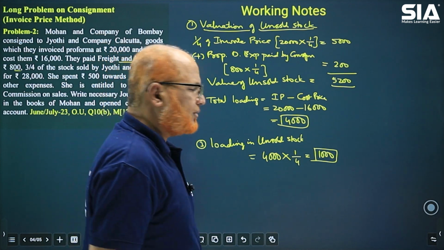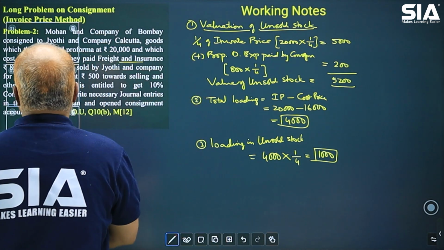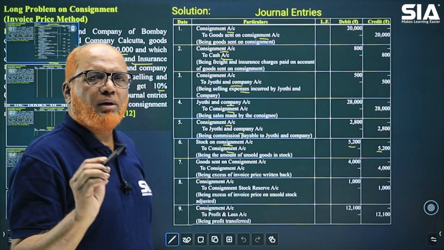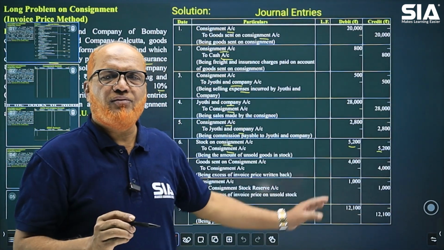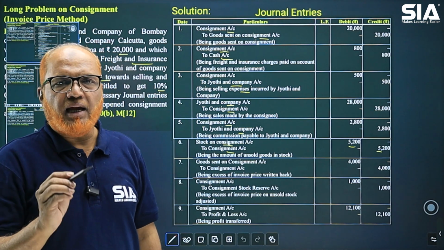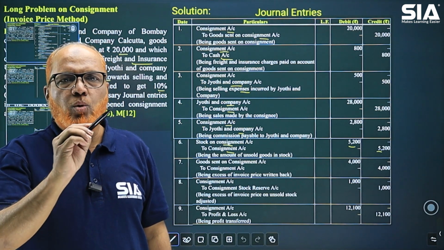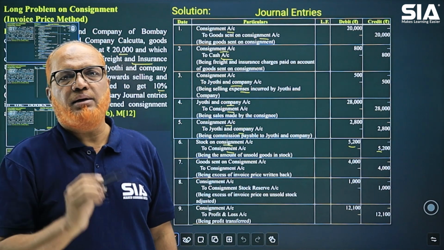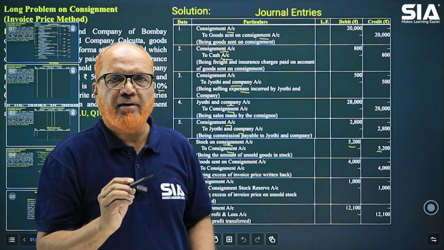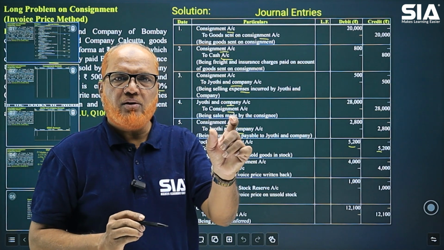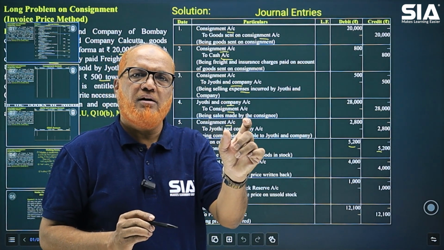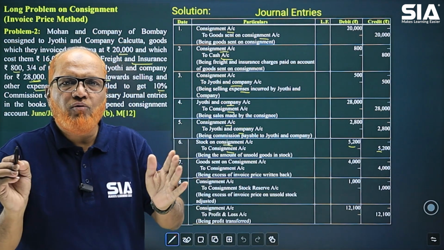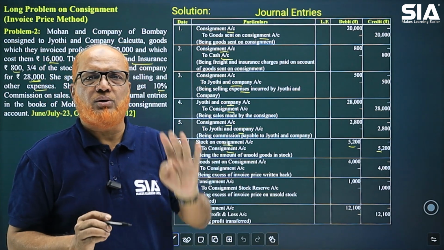Now we need the entries. First, we have to remove the loading in goods sent, 4,000. The entry is goods sent on consignment account debit to consignment account.